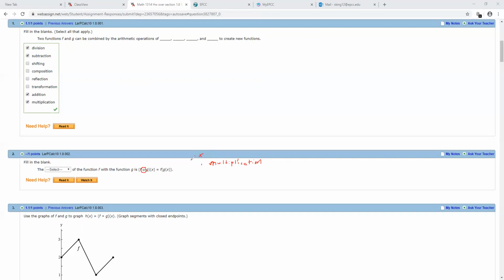But this circle means the composition mathematical operation. This is when you compose. Composing. And that's what we'll talk about in a few minutes.